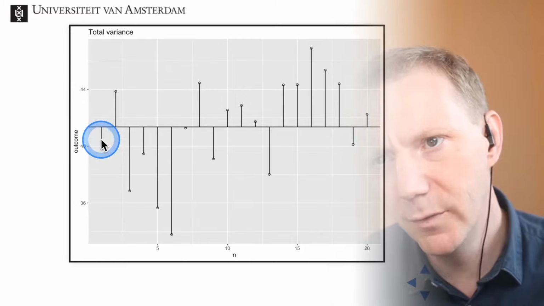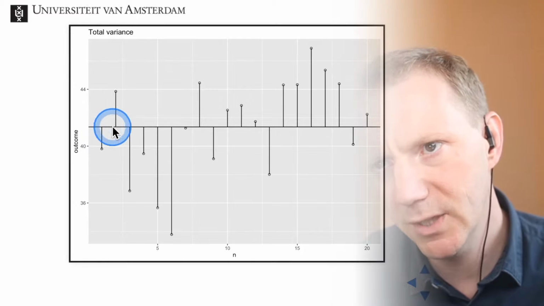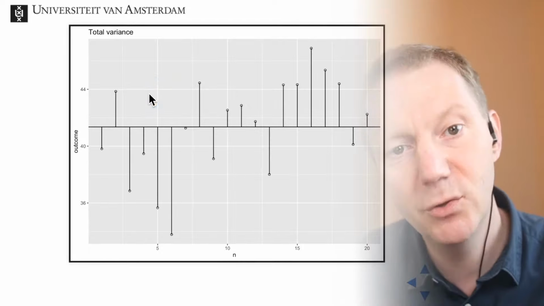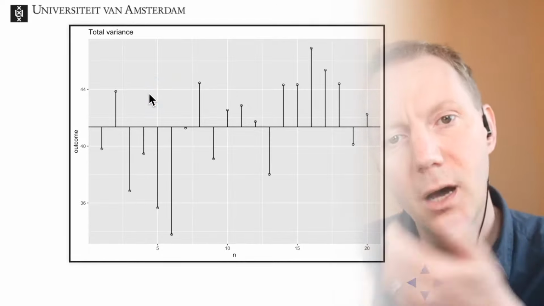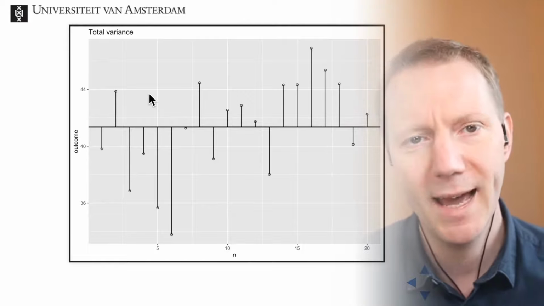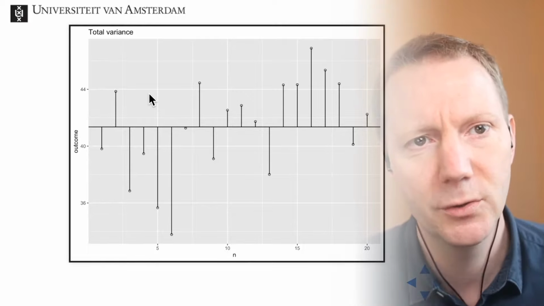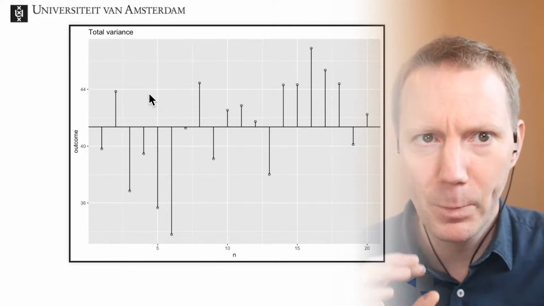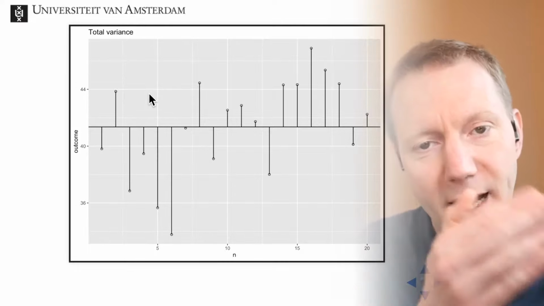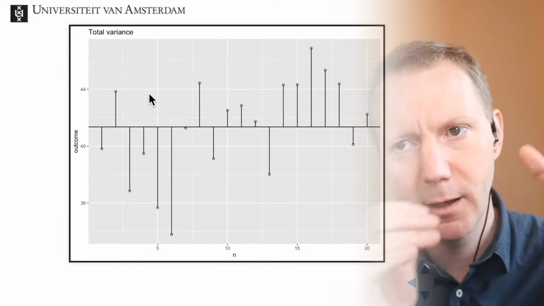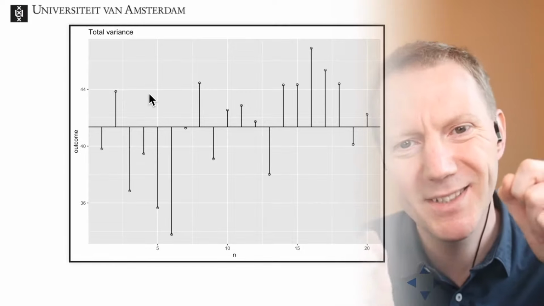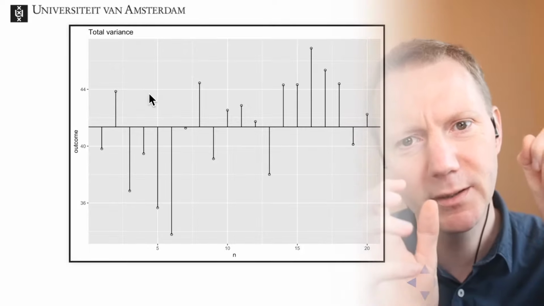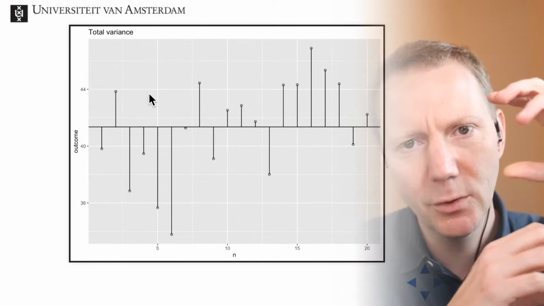Can this vertical line for each of those individuals be decomposed into an explained part and an unexplained part? If we can determine an explained part, then we can weigh it against the unexplained part, and we are back with our signal to noise ratio.